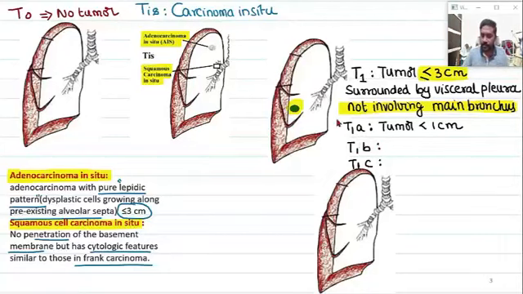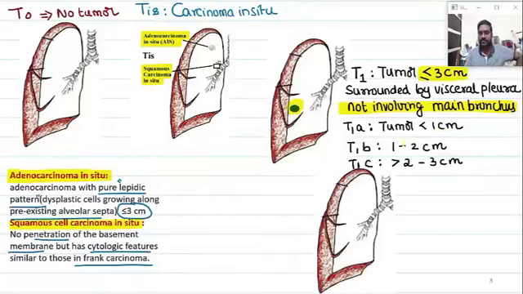T1B, here the size will be 1 to 2 centimeter. T1C will be more than 2 up to 3 centimeter. T1A will not exceed 1 centimeter.